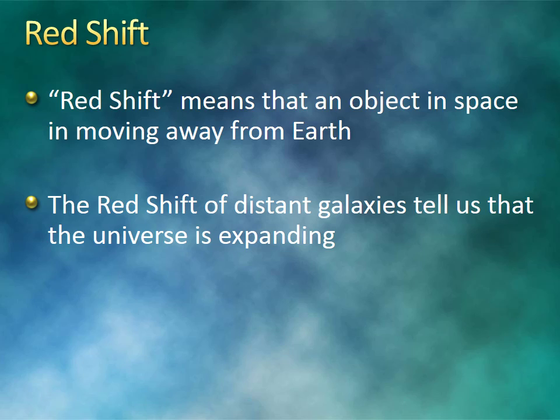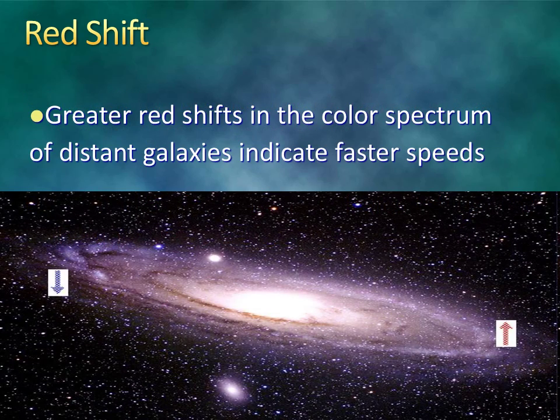The redshift in distant galaxies tells us that the universe is actually expanding. So again, this is building on the Big Bang theory that the universe is still expanding from that initial Big Bang from the singularity. So to end our lesson, greater redshifts in the color spectrum of distant galaxies indicate faster speeds.